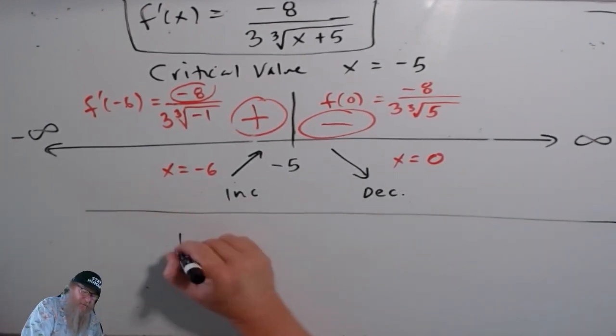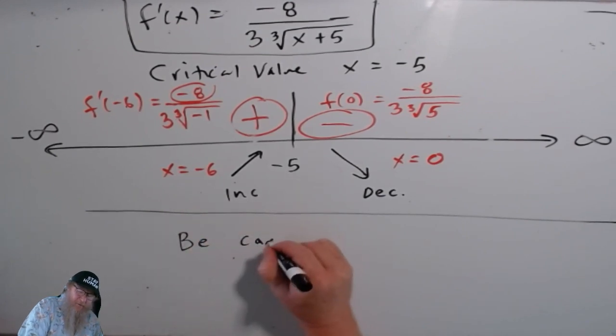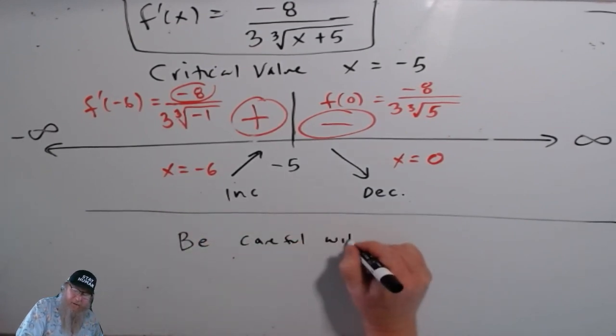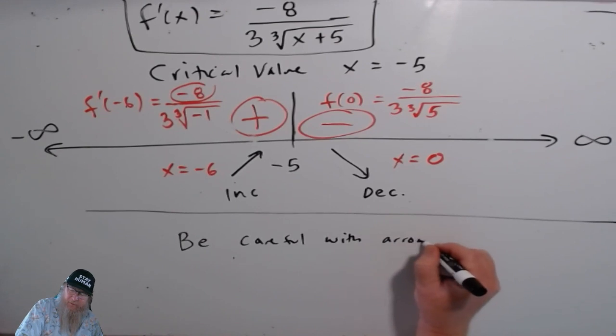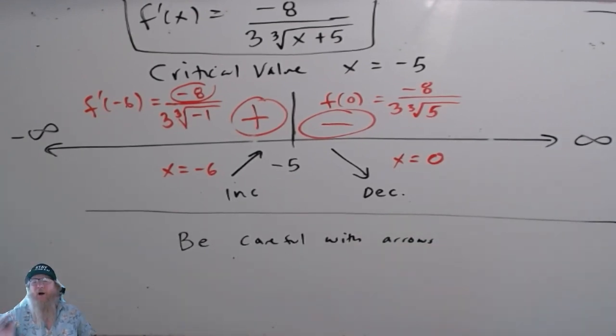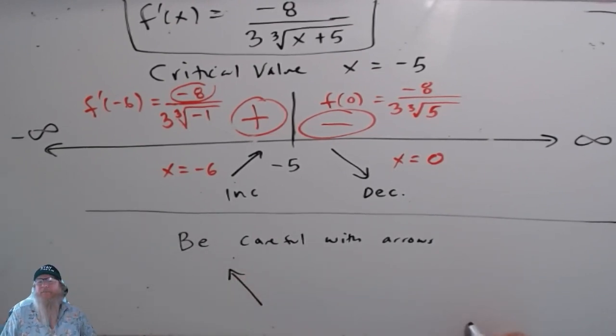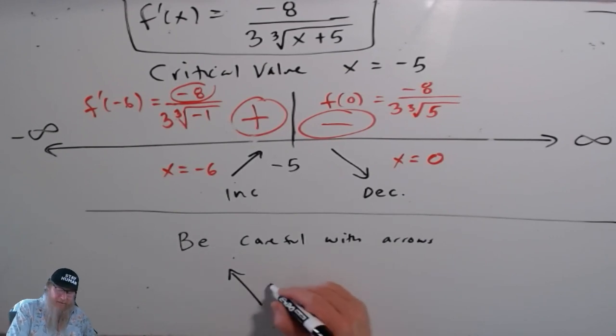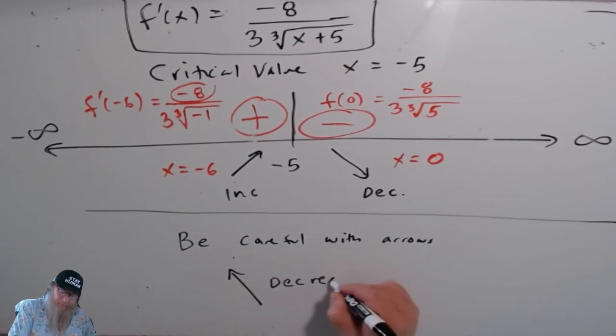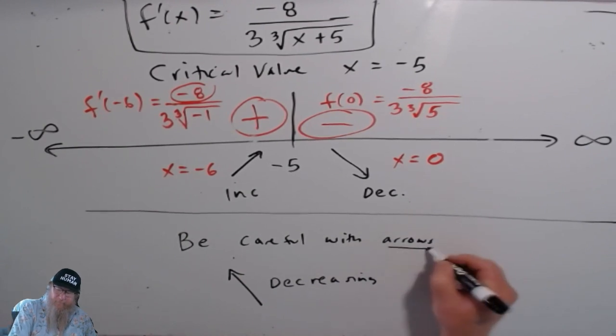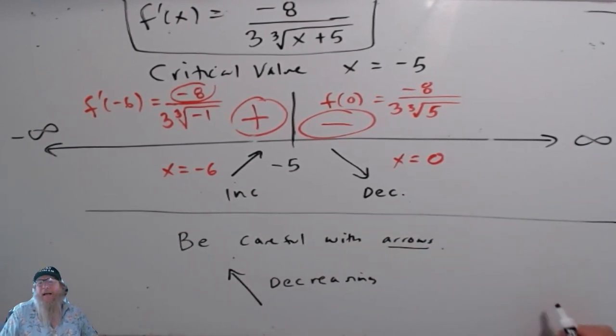I should make a point: be careful with arrows. I almost screwed this up earlier. I went like this. This is still decreasing. All right. And so you have to be careful with arrows, right?